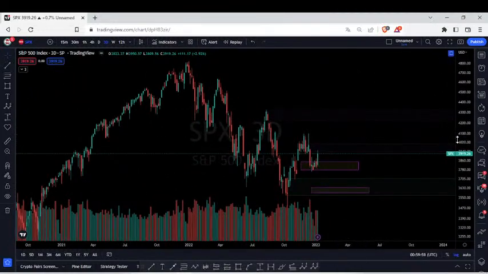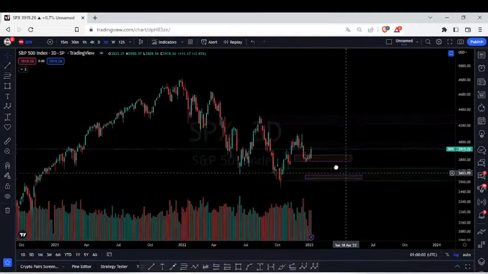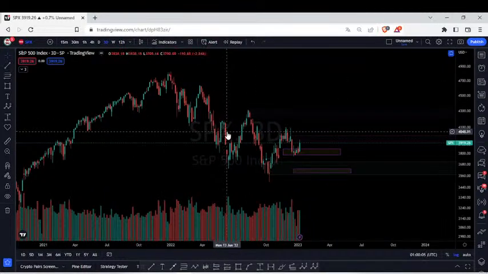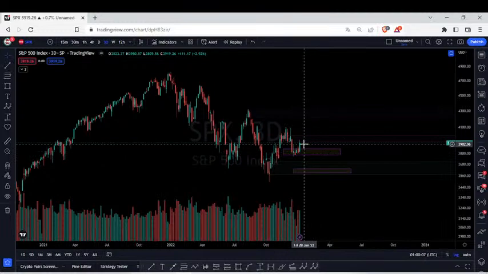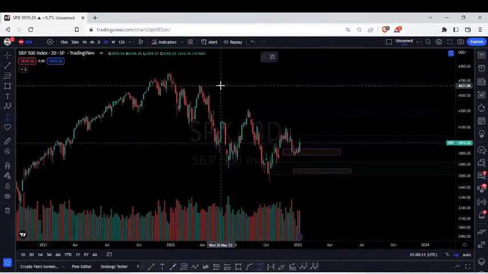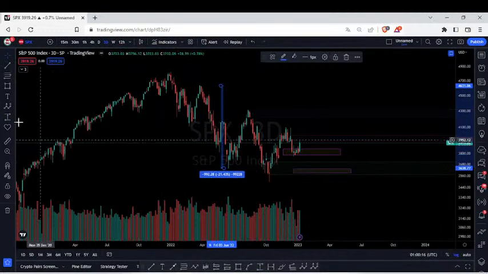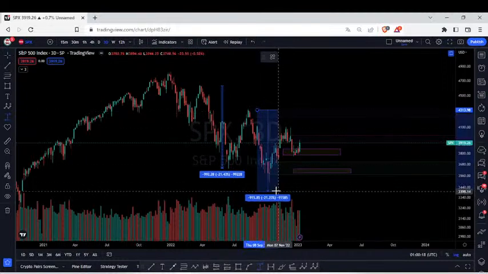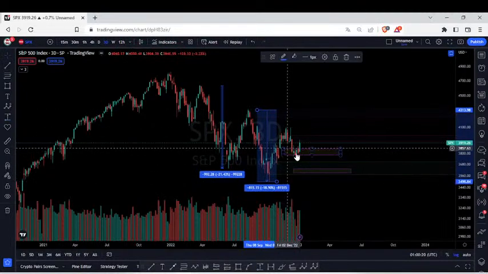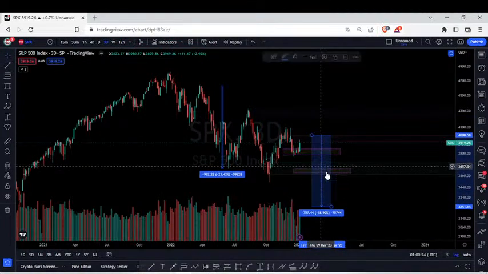Okay. Now remember, if we compare this to Bitcoin, it sort of did the same thing before it eventually crashed down. So basically this was the Bitcoin drop to 30k. Okay, and then it went all the way back down again here. But the bear market fractal still hasn't played out.